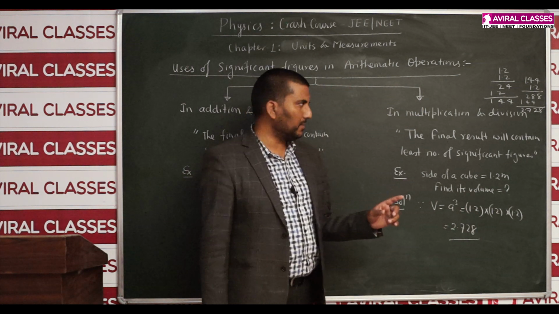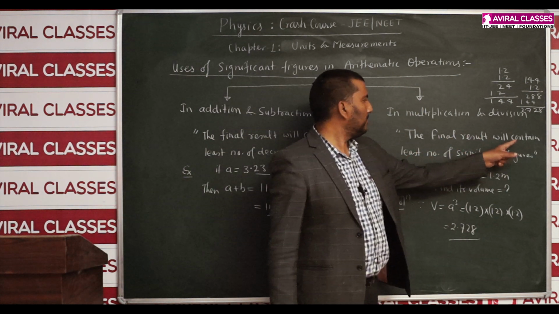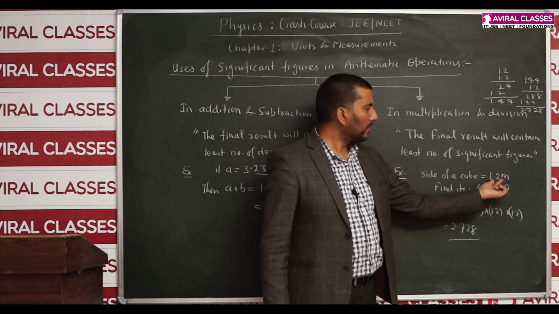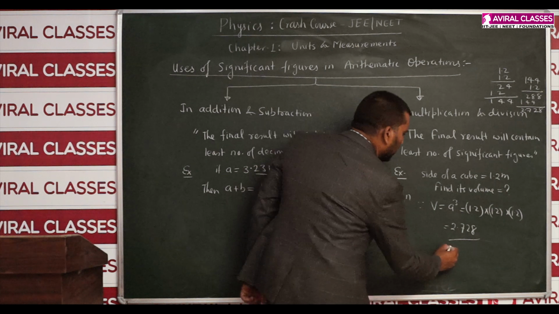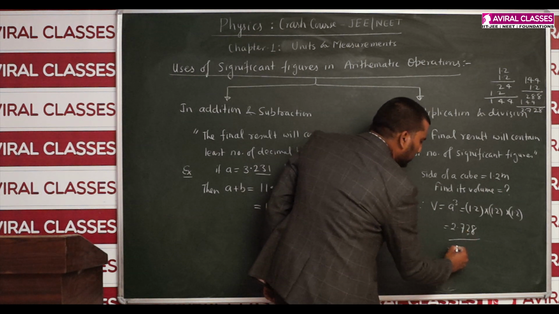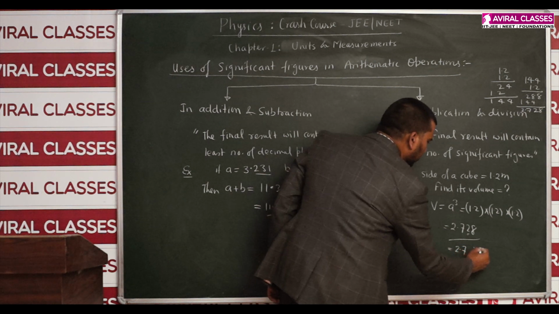But the rule says the final result will contain the least number of significant figures, and the least number of significant figures was 2. You have to remove the last digits. It is 8, it may be 3, so it will remain 2.7 meter cube.